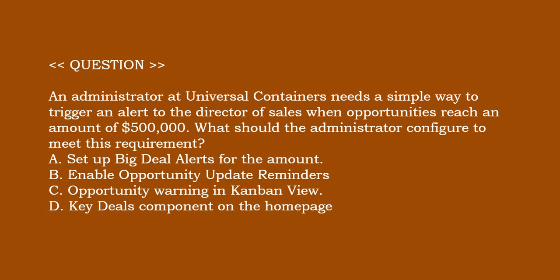Option B, enable opportunity update reminders. Option C, opportunity warning in Kanban view. Option D, key deal component in the home page. Correct answer is option A.